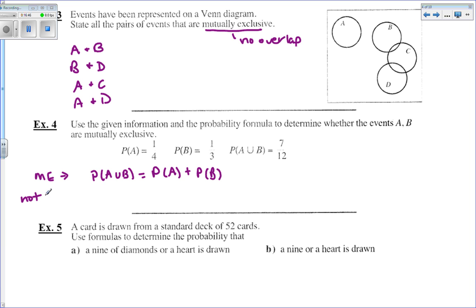If not mutually exclusive, then we would have to subtract something off at the end. A or B is equal to the probability of A plus the probability of B minus the probability of A and B. So let's try this. Let's try the first one.